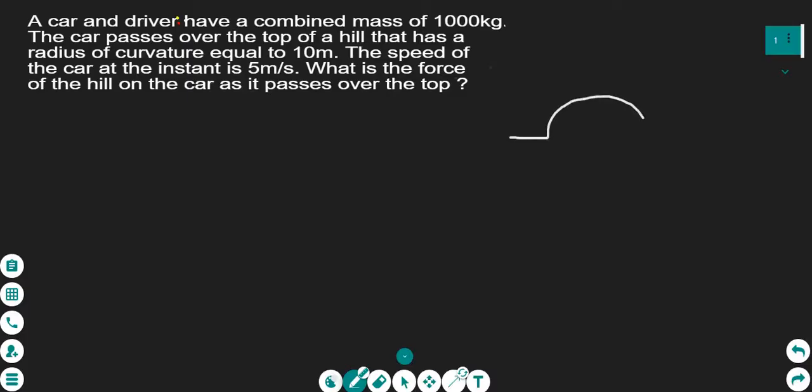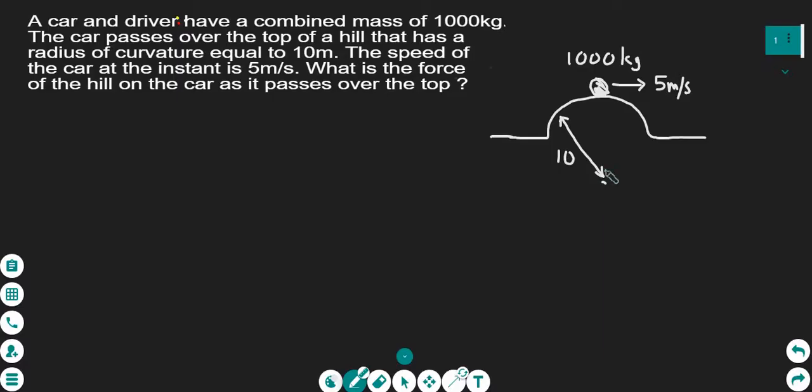So this is an approximation of the hill, and when the car plus the driver is at the top of the hill, it has a speed of 5 meters per second, and the combined mass of the car and the driver is 1000 kilograms. The radius of curvature of this hill is given as 10 meters.